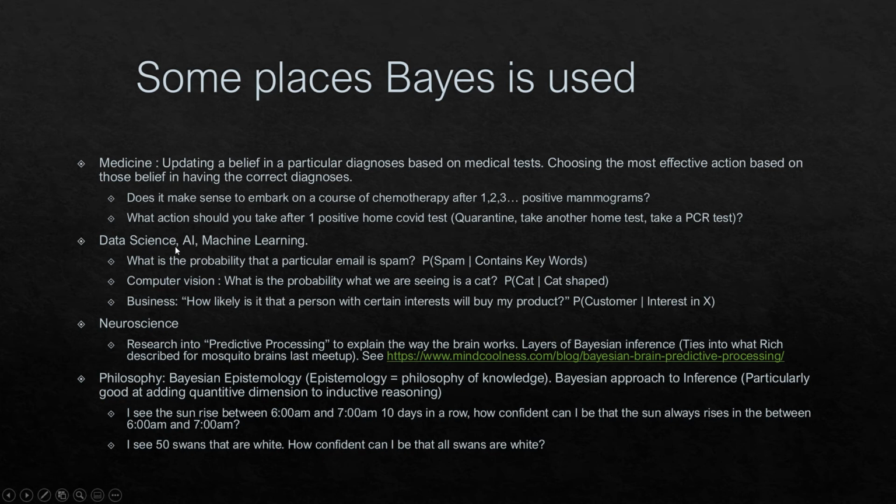Bayes is also used quite a bit in data science, artificial intelligence, machine learning areas. So it's typically used in things like spam filters, so identifying spam. By using Bayes, you can have a filter that learns as it goes, or seems to learn as it goes. So you start off with some rule about maybe what keywords are typically in spam, and the people receiving the email can comment on whether the junk mails, spam mails were put in the right place.